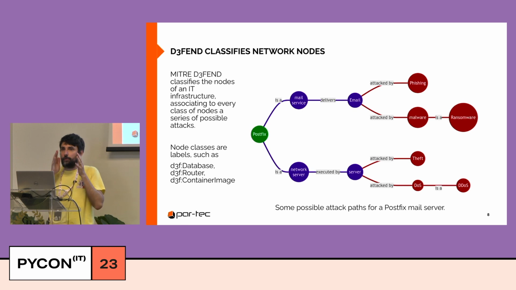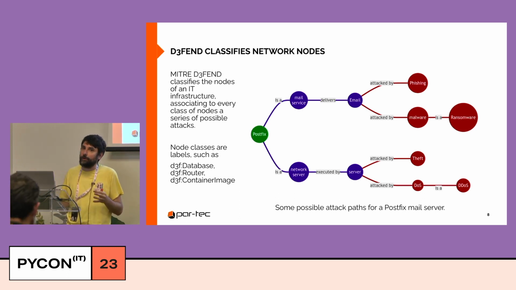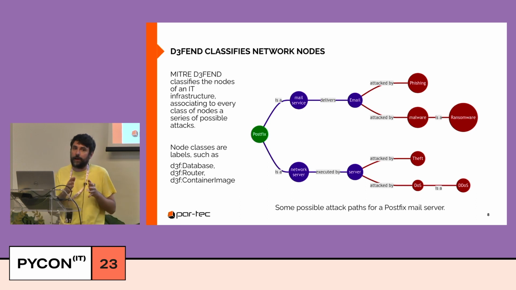You can see that we have prefixes, D3F. This means that those are keywords. They are not just words. They are keywords. They are well-defined. They have definitions. So imagine we have a postfix mail server. We know that this is a mail service.